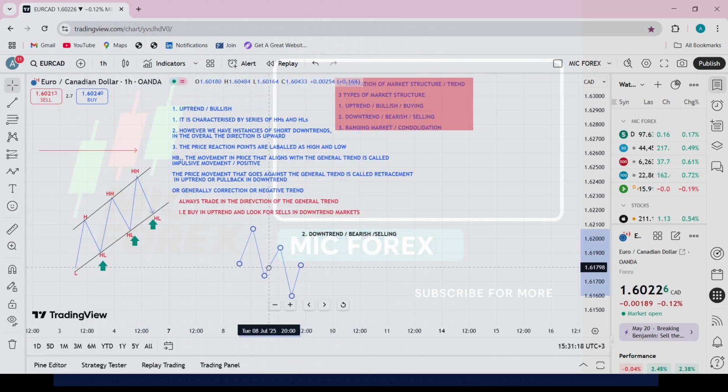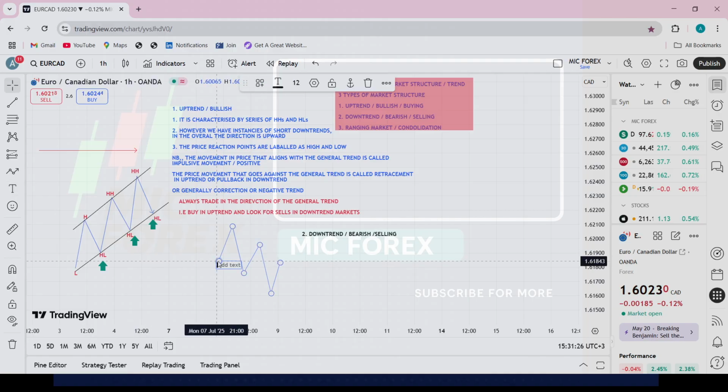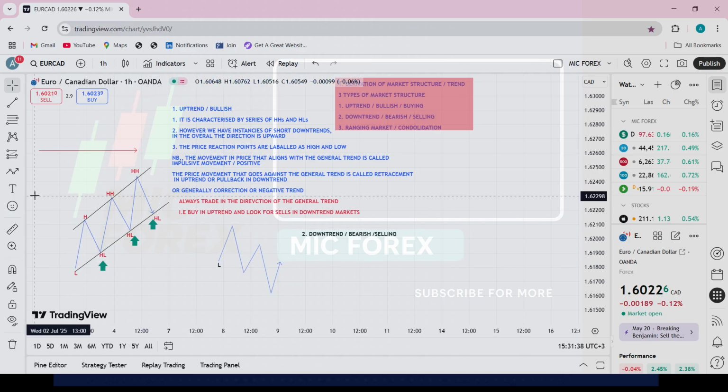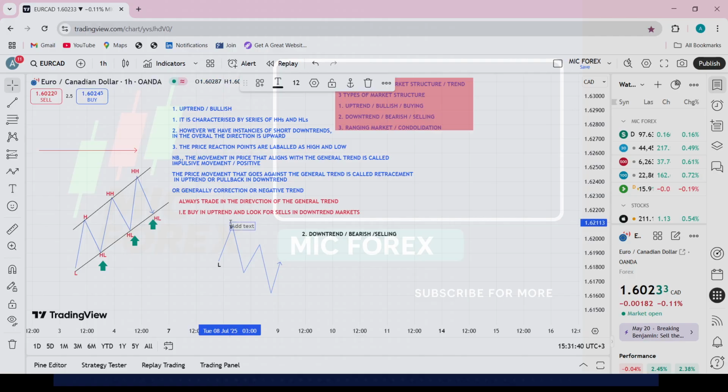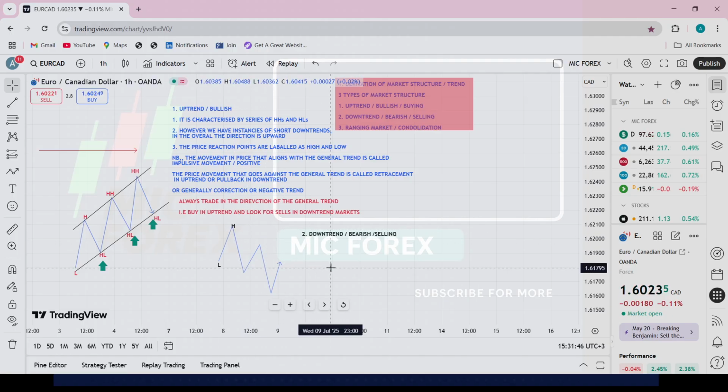Now, look at this. As we did here, let's start here. This is our low. If you look at this, it is low because the price is moving upward. So where it's going to react next is our high, our H1 or H0 or H initial. Are we together?